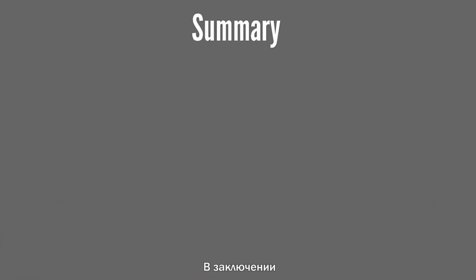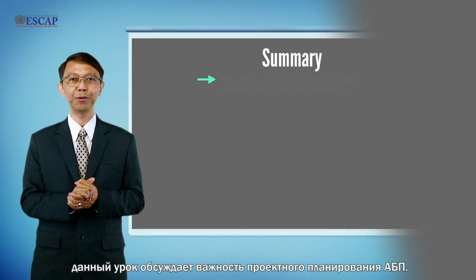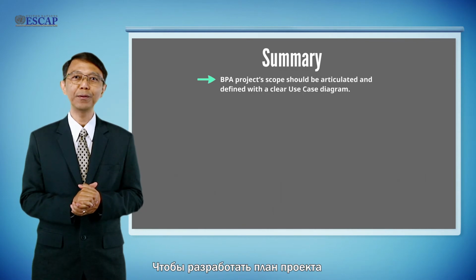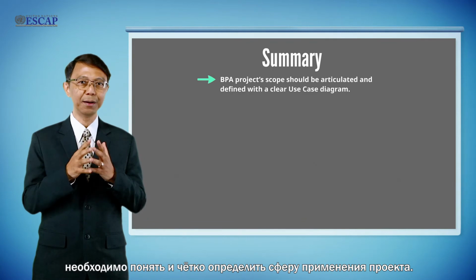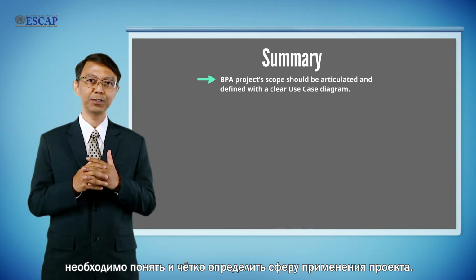So in conclusion, this module discusses the importance of BPA project planning. To develop a project plan, it is necessary to understand and define a more precise scope of the project.